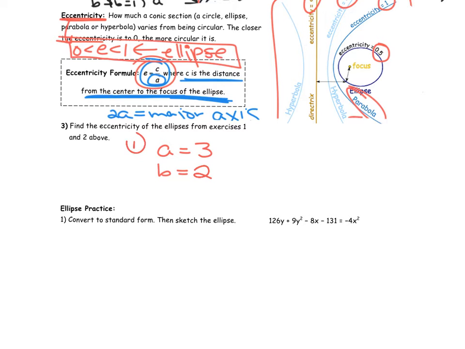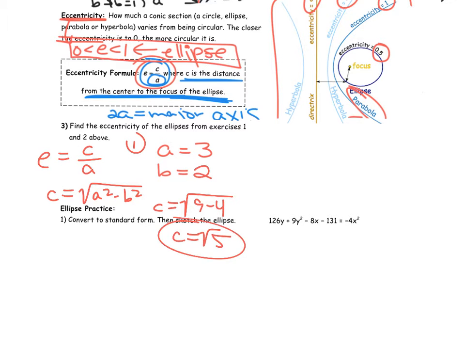So this is for the first example. Let's write out, and remember, eccentricity is C over A, and the formula for C is the square root of A squared minus B squared. So we'll have C equals the square root of 9 minus 4, so C is the square root of 5. And eccentricity is C over A, so for this first example, the eccentricity is equal to square root of 5 all over 3.